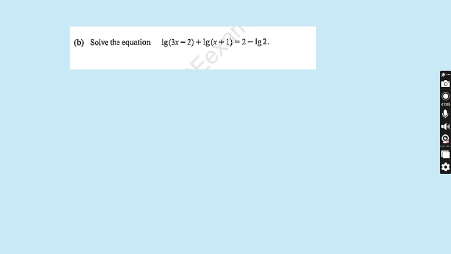Solve the equation log(3x minus 2) plus log(x plus 1) is equal to 2 minus log 2.